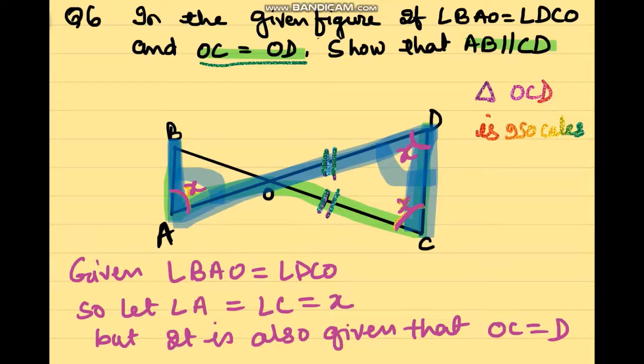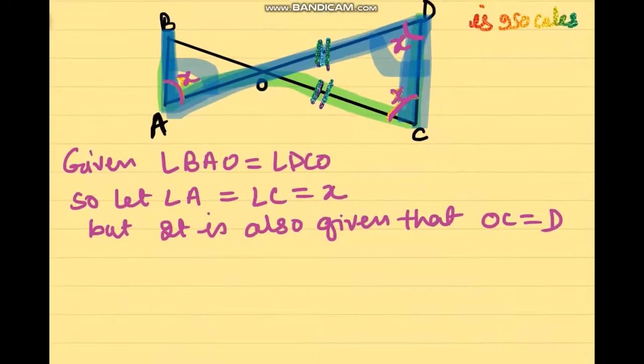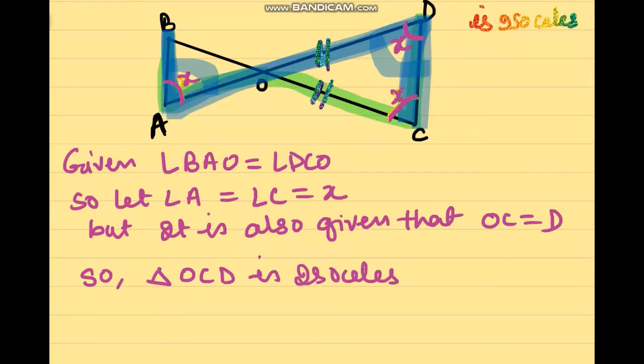So what you will write? Triangle OCD is isosceles. Therefore, angle D will also be equal to angle C. So angle D is also equal to X.